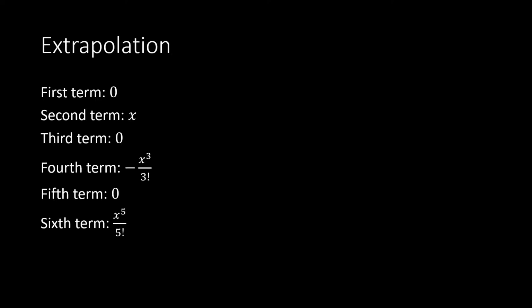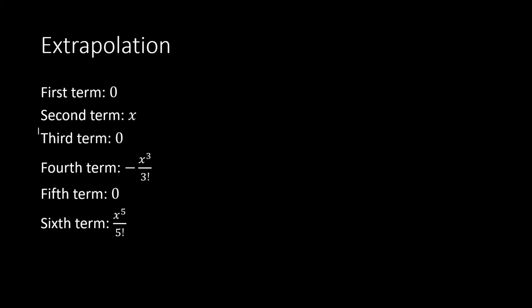For the third term, the second derivative will be negative sine and have an intercept of 0 again, so 0 differentiates as many times as you want and still stays 0. The fourth term will have to be negative x cubed on 3 factorial, because if you differentiate that three times, it becomes negative 1, so for the negative cosine, and then 0 again.